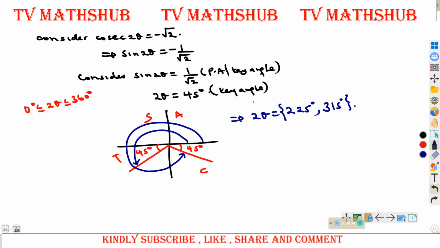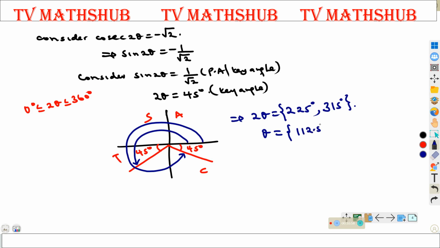All these angles qualify since our 2 theta is from 0 to 360 degrees. So the value of theta will be 225 divided by 2, and that is 112.5 degrees, and 315 divided by 2 will give us 157.5 degrees.